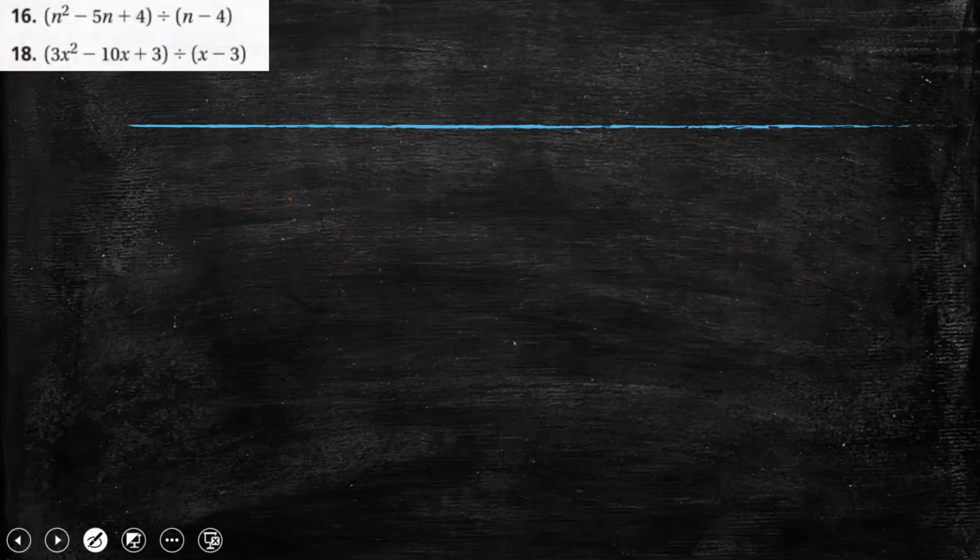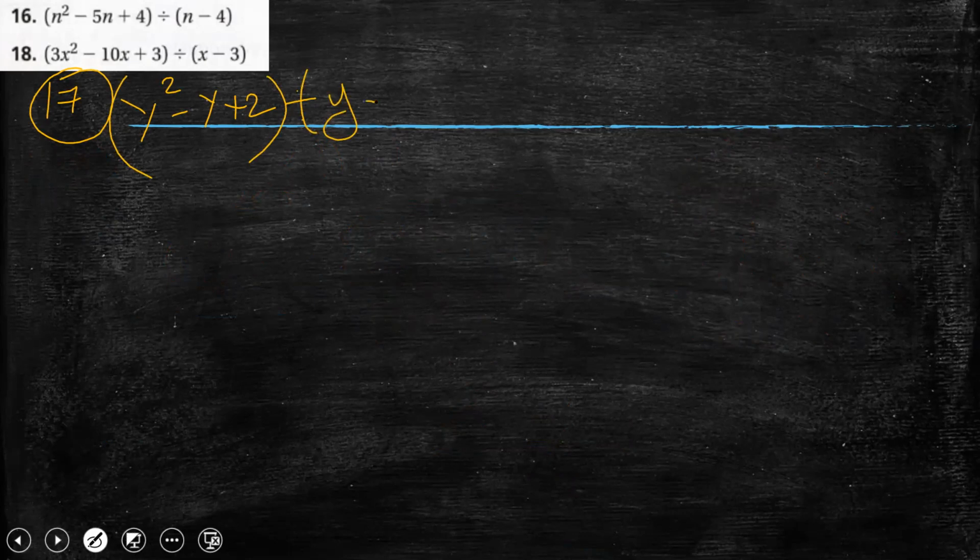Now, let's solve number 17 from the book, not 18, because it has a remainder. y squared minus y plus 2 over y plus 2.